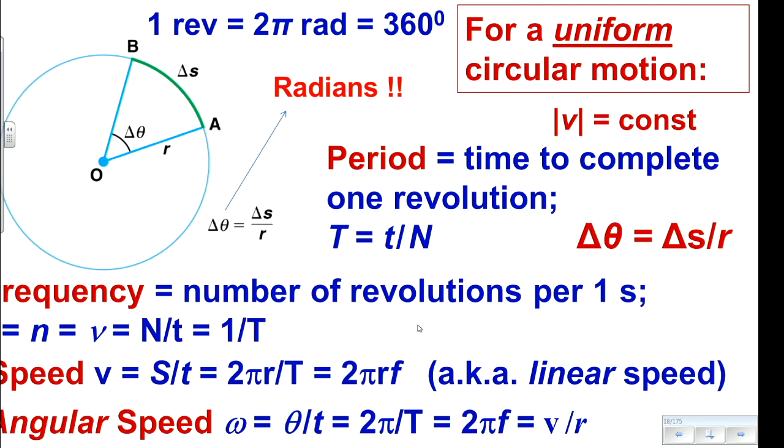So 2 pi radians divided by 1 period. That will be, again, the same angular frequency. And again, we can rewrite it differently. If we use this equation, we can relate angular frequency and linear frequency.